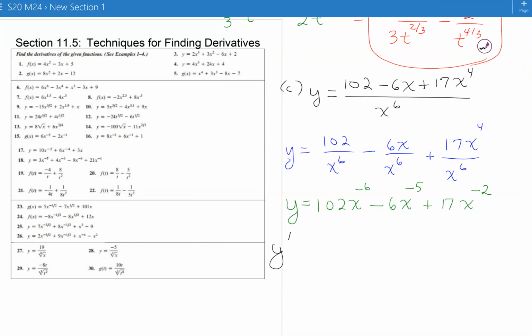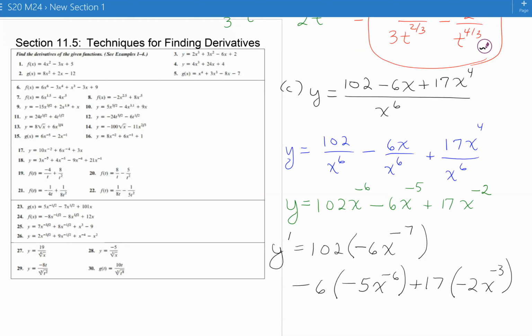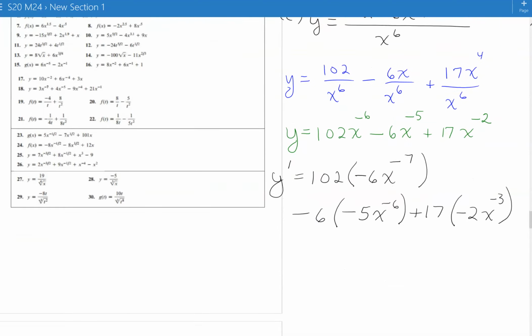So the derivative is going to be 102 power rule negative 6x to the negative 7 minus 6 times power rule negative 5x to the negative 6 plus 17 power rule negative 2x to the negative 3.